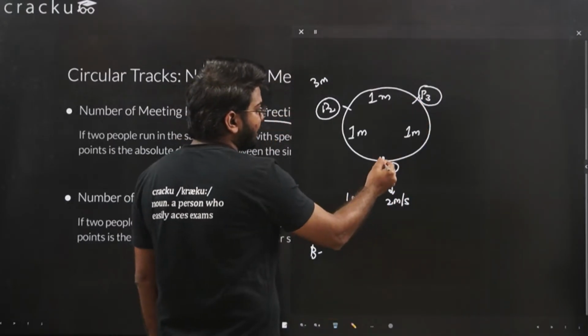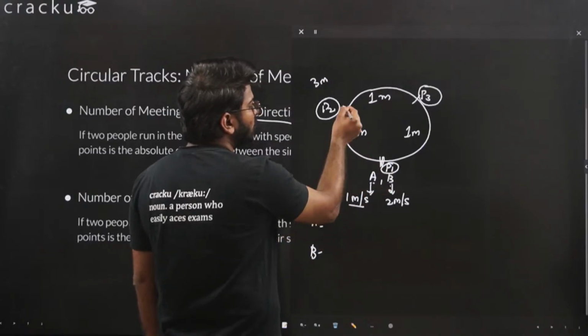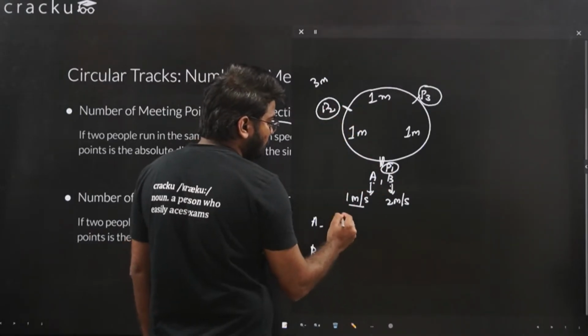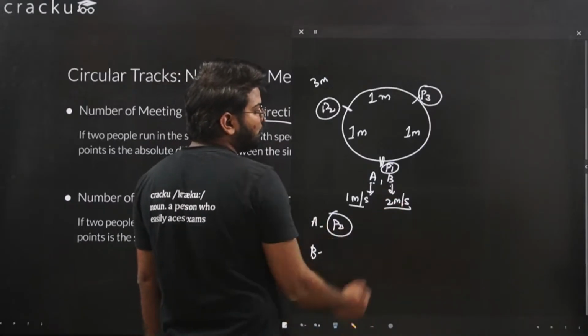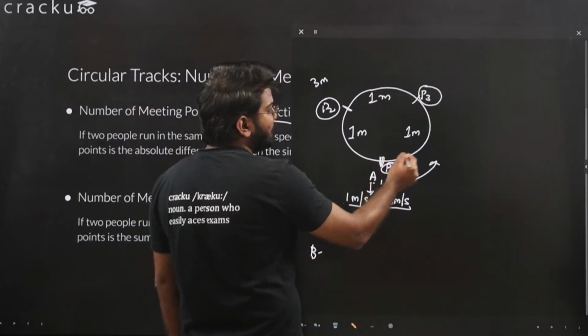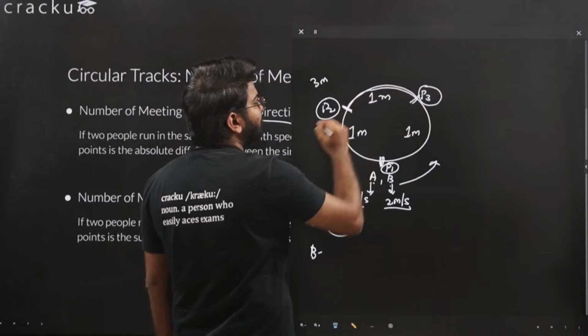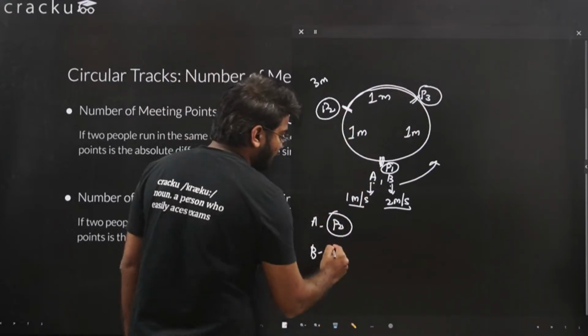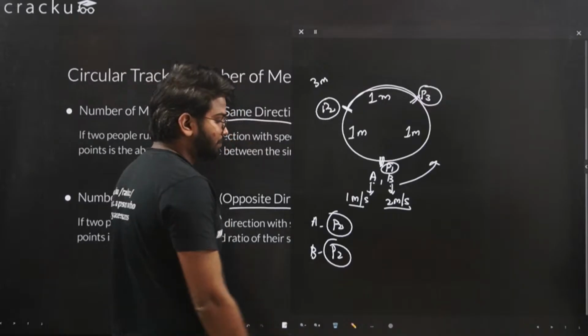So from here, after 1 second, A will cover 1 meter, so he will go to P2, and B will cover 2 meters in the opposite direction. So 1 meter will be P1 to P3, and then again P2, because he is covering 2 meters, so he will be at P2. So after 1 second, they are meeting at P2.